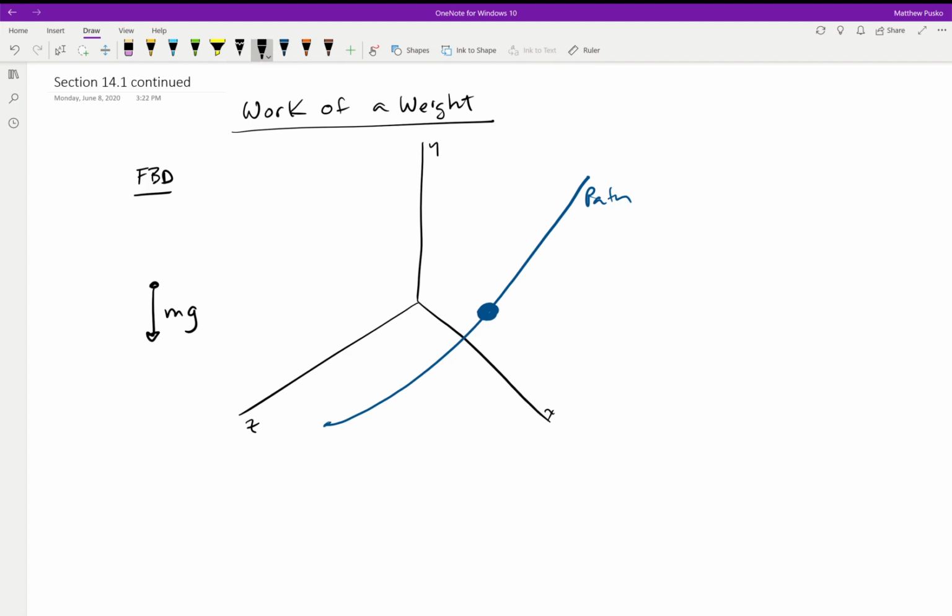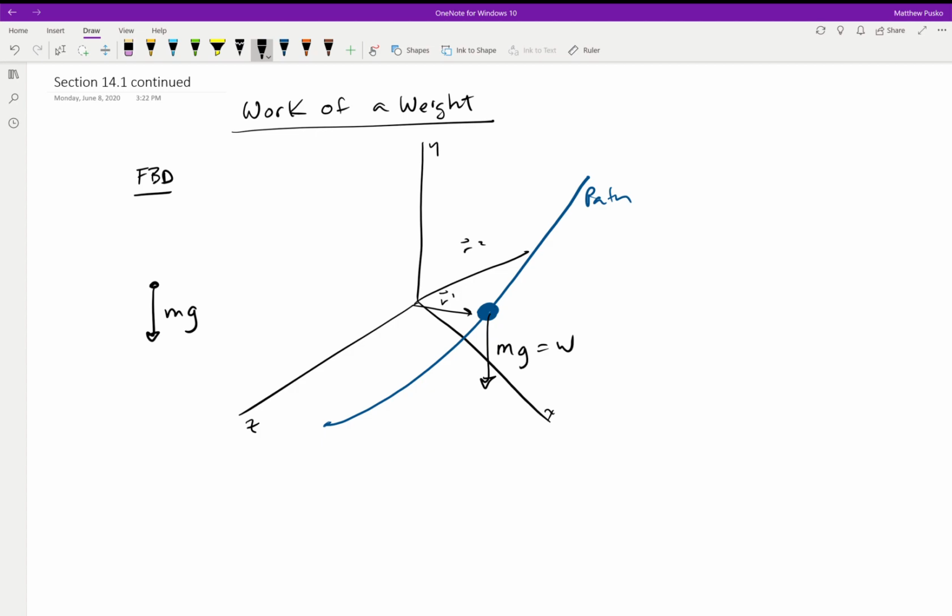This goes from some R1 to some R2 and has this weight component pointed down. We can also call this W.